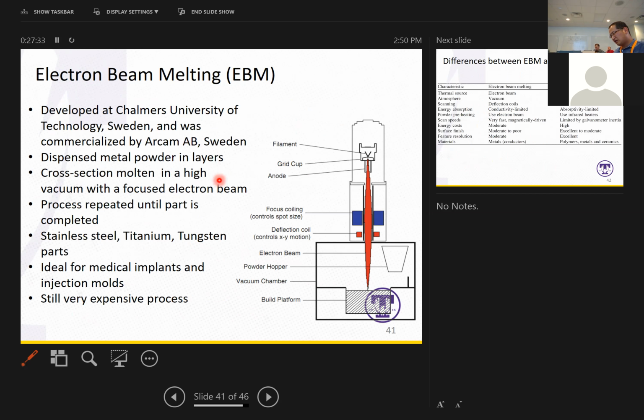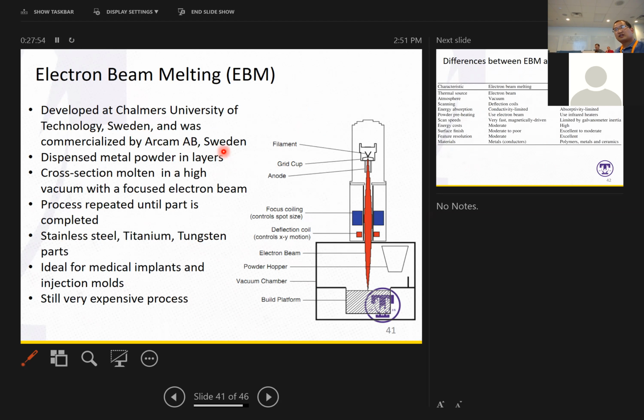Also, another quite popular process is electron beam melting, right? This process was developed in Sweden, and it is commercialized by the company Arcam AB.